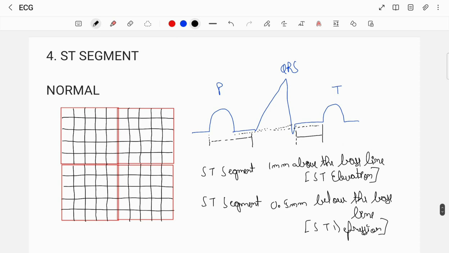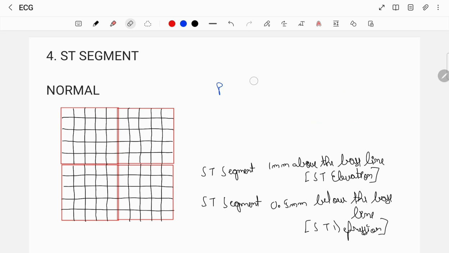So I'll repeat ST elevation and ST depression again. I'll erase this and I'll repeat it again. Say this is an ECG, a P wave, a QRS complex, and a T wave. Now here, if we extend the line of the PR interval till here, then we can see that this ST segment and the baseline are in the same line.